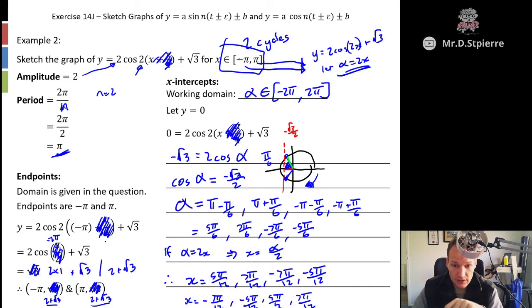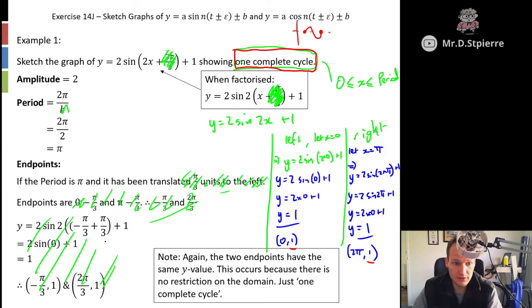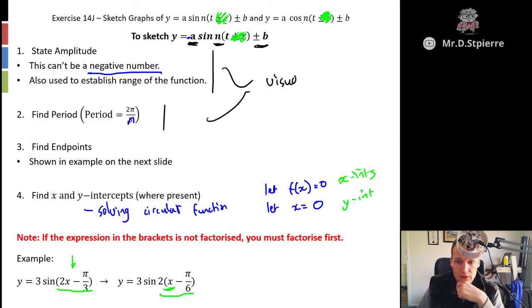You need to, one, recognize the key parts of the graph: amplitude, which affects the period, and then finding your vertical translation. You then, from that, need to visualize the standard graph.